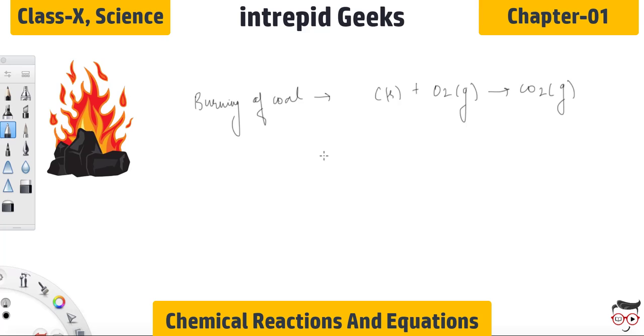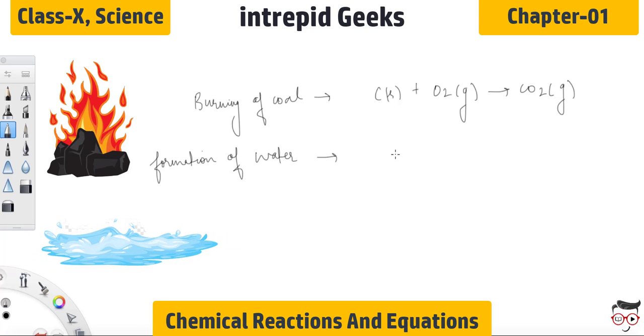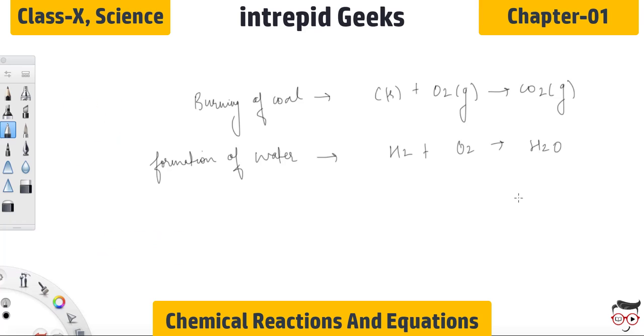Along with that, there is another important reaction which is very common to us, and that is formation of water. When hydrogen reacts with oxygen, water is formed. Is the reaction balanced? No. 2 atoms of hydrogen are there on both sides, 2 atoms of oxygen are there on one side, but 1 atom of oxygen on the other.